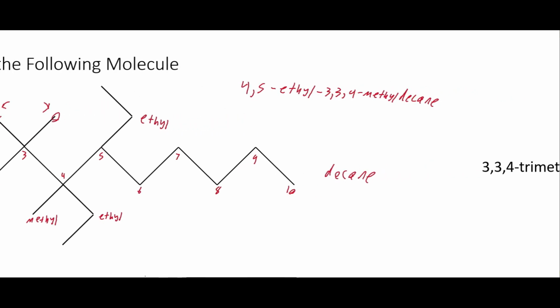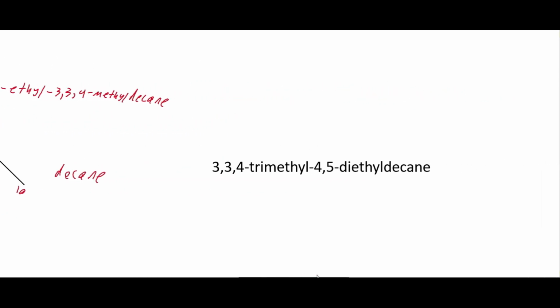So I actually have the answer over here, and I actually missed the tri here. So we should have a tri on there. So we see that I actually got that wrong here. So it should be 3, 3, 4 trimethyl. And you'll see different conventions for what to put first. So diethyl.